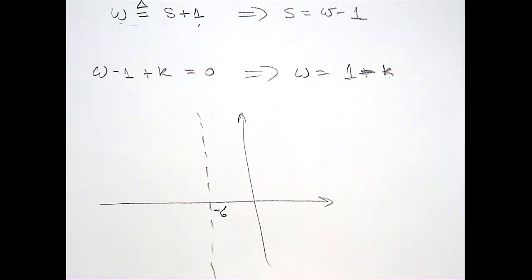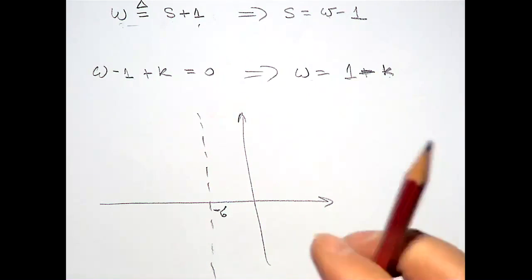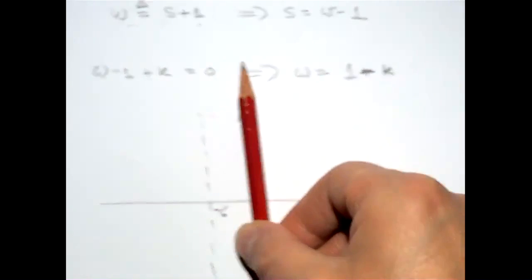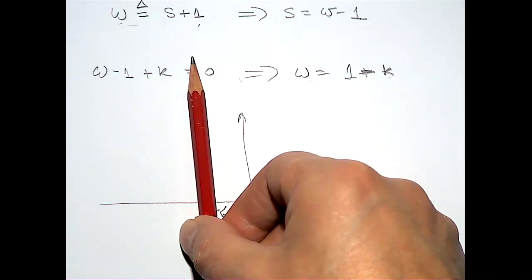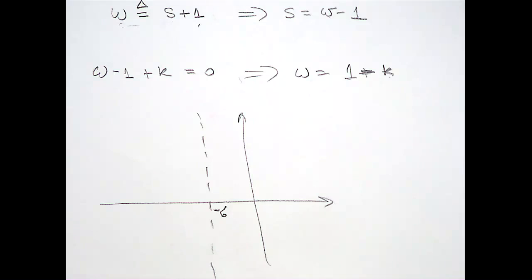So the question is, what do I put here so that I shift the imaginary axis? This will become the imaginary axis in w coordinates. How can I do that? What do I have to put here?